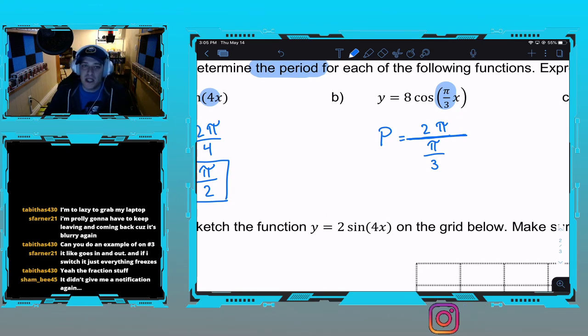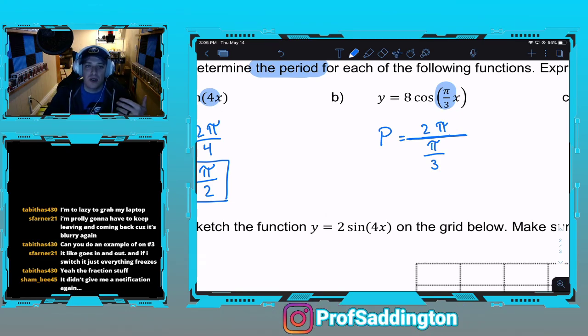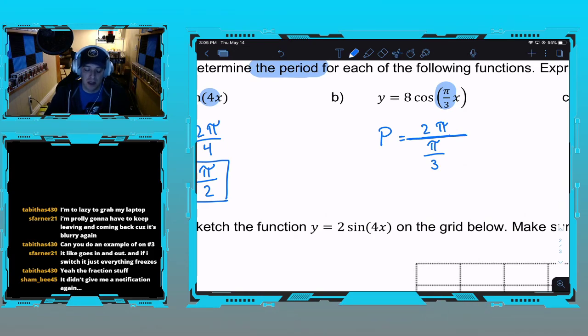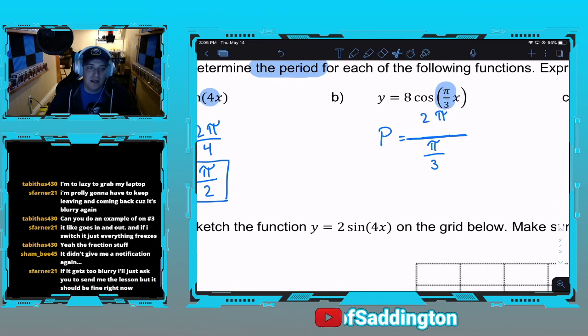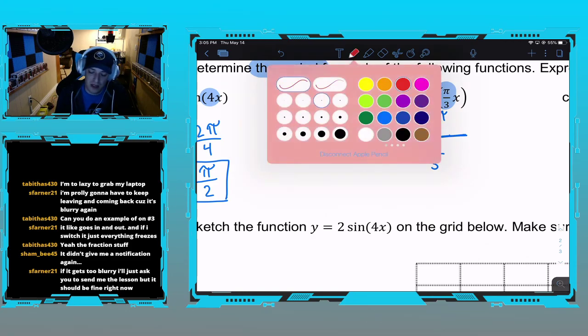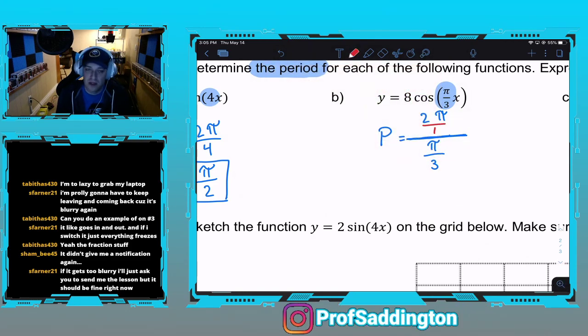When we did complex fractions, you guys may remember something called LCD, where we would have to get a least common denominator. So, I'm just going to use my little scissor tool and move this 2 pi a little bit higher because technically the denominator underneath that 2 pi is 1.